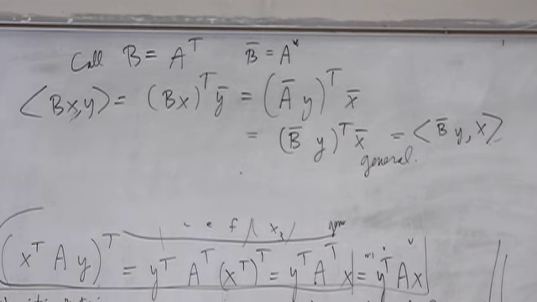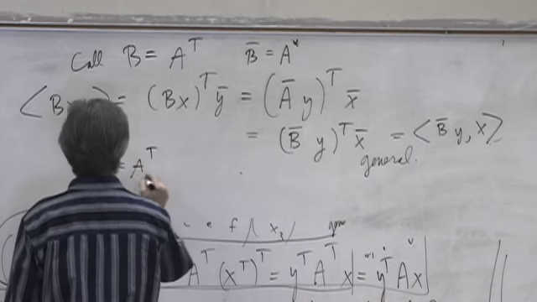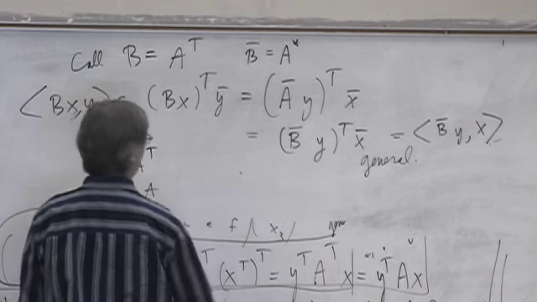I have this is a formula, which I interpreted in terms of B. I had this is equal to this, which then if I write down in terms of B is BX, Y, equal to B equals A transpose. So if I wanted that for B transpose equals A, and I put a bar, B star equals A bar. That's correct.